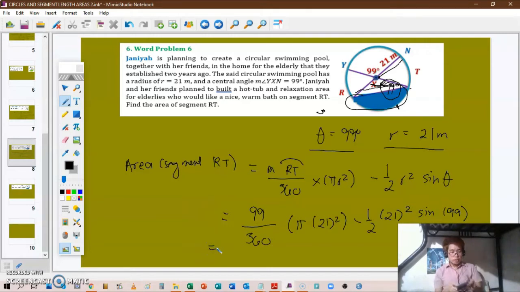Using our calculator here, we have 99 all over 360 multiplied by 21 squared times pi.